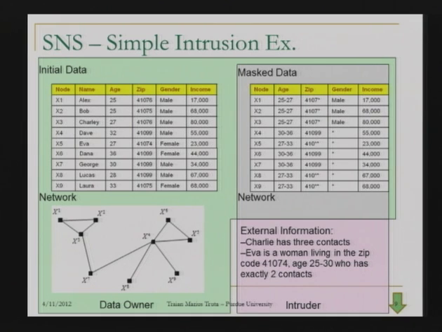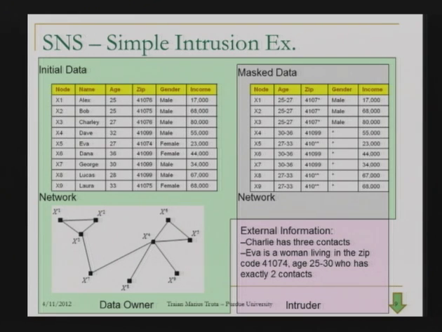In a social network, we have relationships between individuals, which are depicted in the bottom of our screen, as well as profile data, which is depicted on top of this slide.